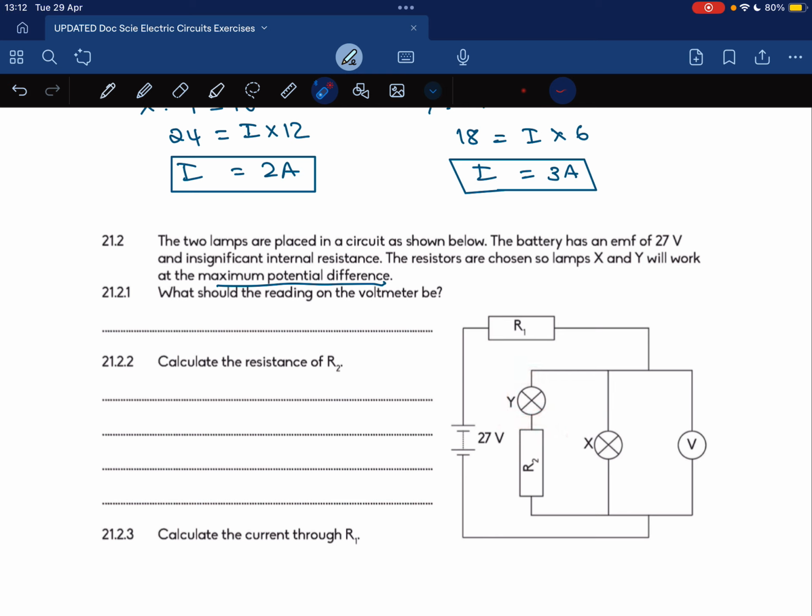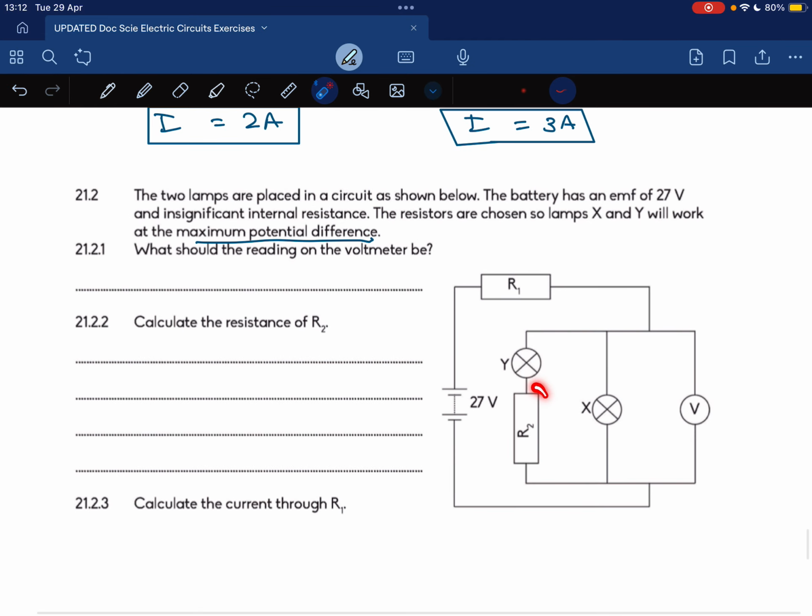However, if you look, there is this R2 here. So that means that Y is not going to get the total voltage V because it's going to be shared between these two. But the one that does get the total V is X because there's no other resistors here.